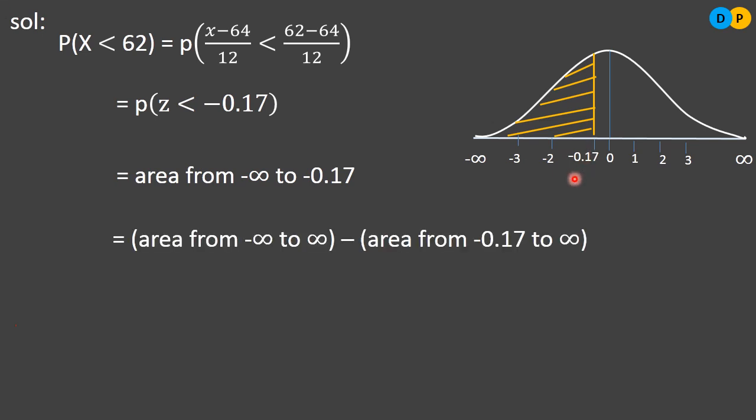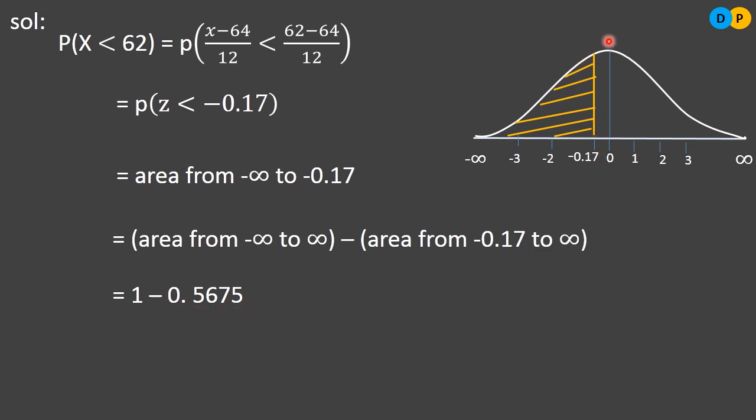Very simple. We know the area from minus infinity to infinity is 1, isn't it? The total area under the curve is 1. From this complete area, let us subtract the area from here up till here. So the area from minus infinity to infinity, which is 1, minus the area from minus 0.17 to infinity, that is 1 minus 0.5675.